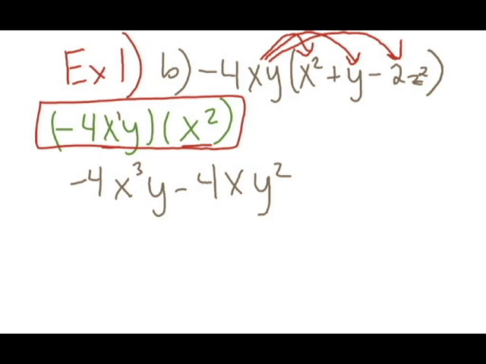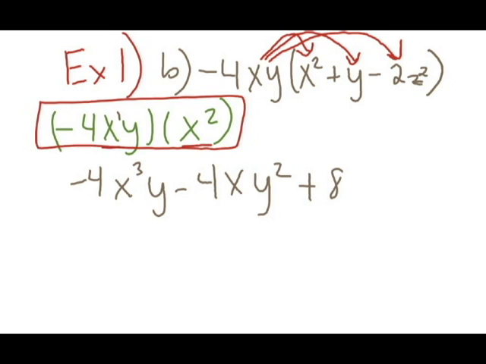Now, the very last multiplication step, which will be negative 4xy times 2z squared. Multiply the numbers first. Negative 4 times negative 2, which will make a positive 8.